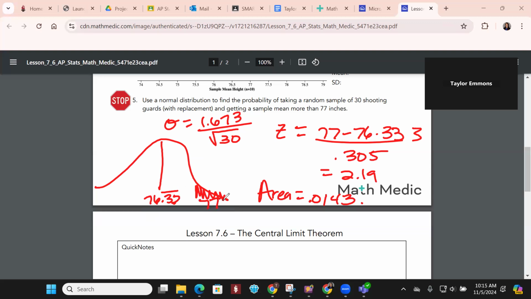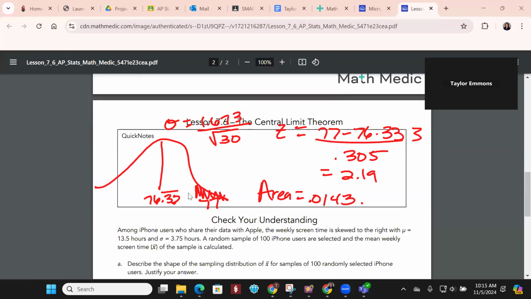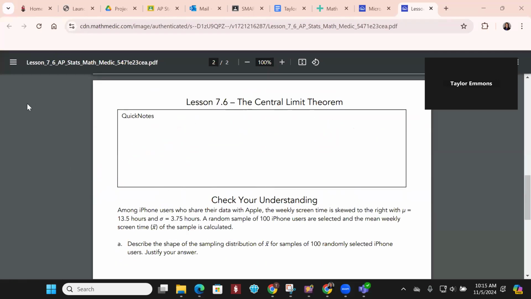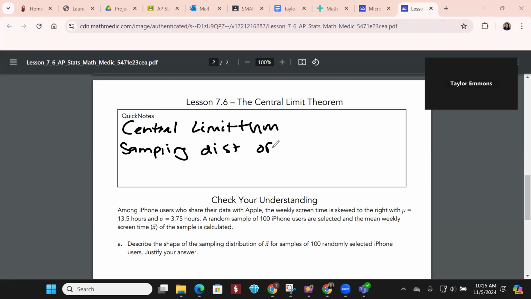All right. So flipping over to the back, we talked about two things. We talked about the central limit theorem. The central limit theorem says the sampling distribution of X bar is approximately normal when sample size is large enough.